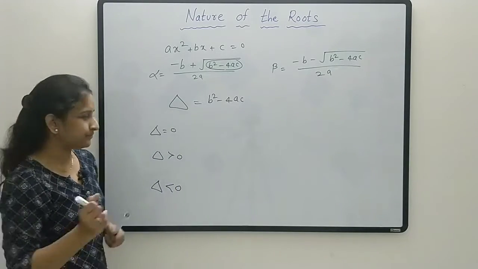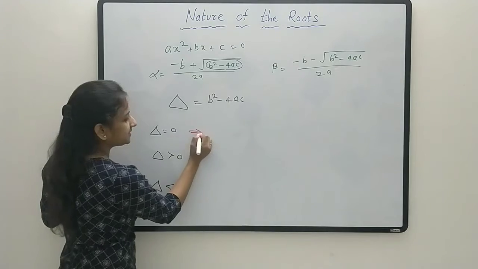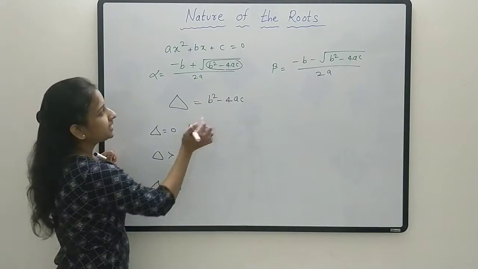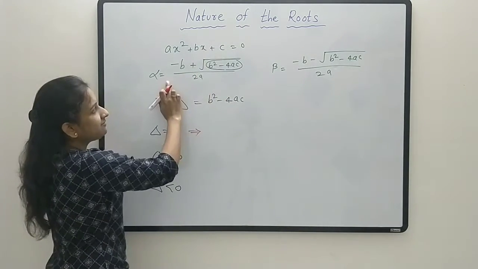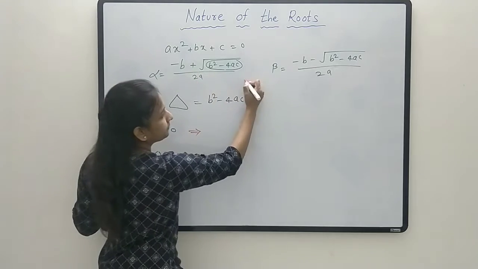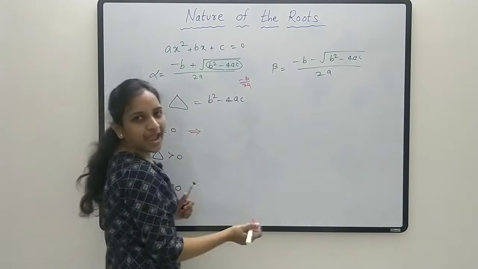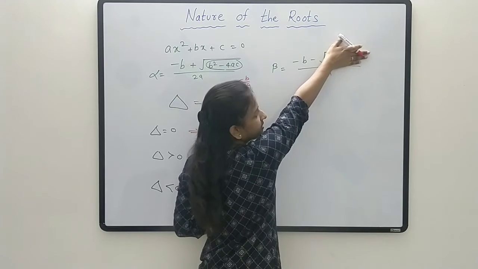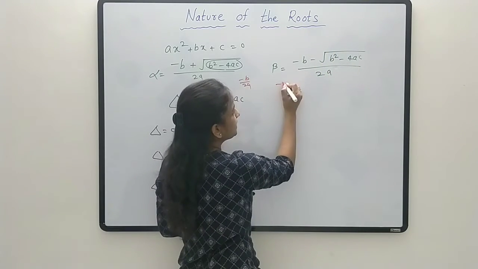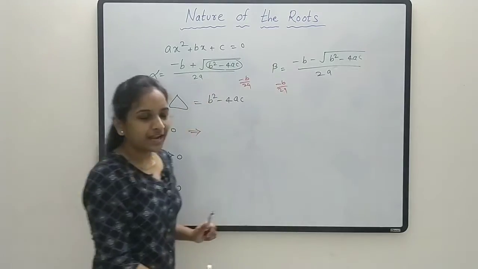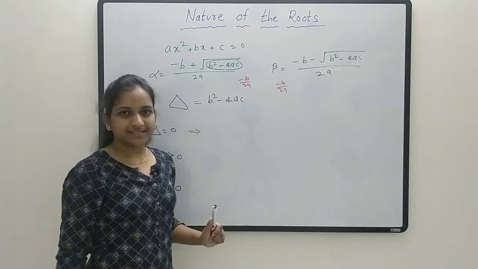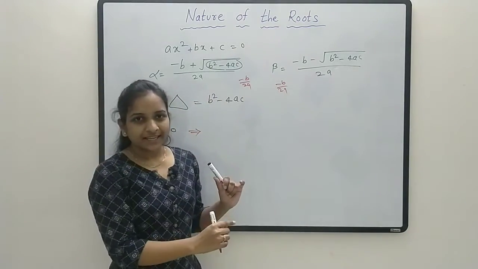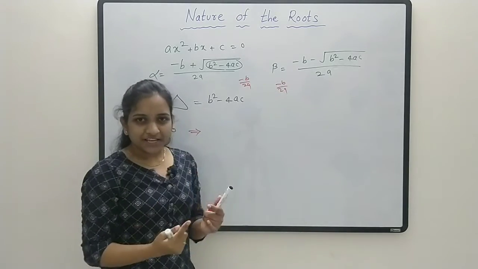So, let's see this. If delta is 0, this term is not there. So alpha will be minus b by 2a and beta will be, square root of 0, this term is not there, so beta will be minus b by 2a, right? Alpha and beta are the same number, means we can say alpha and beta are equal.